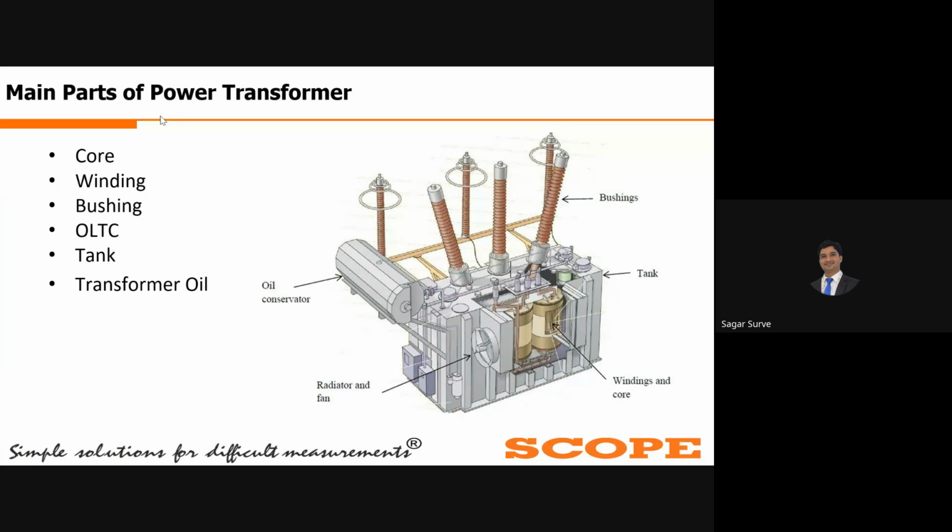As long as the insulation is better in any electrical system or equipment, your system or equipment will work smoothly. Whenever there is insulation failure, it will of course affect the performance of your electrical equipment. So transformer oil is also an important part, and to take care of that oil is also our major duty.